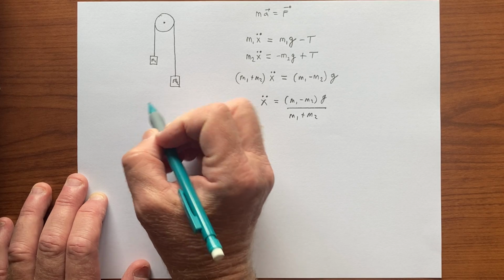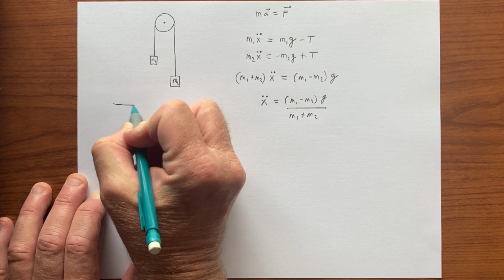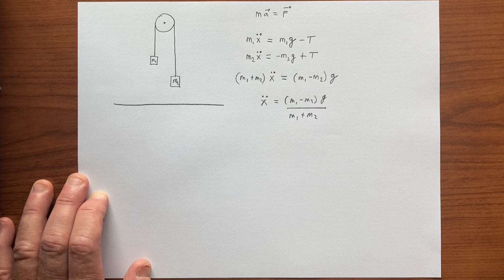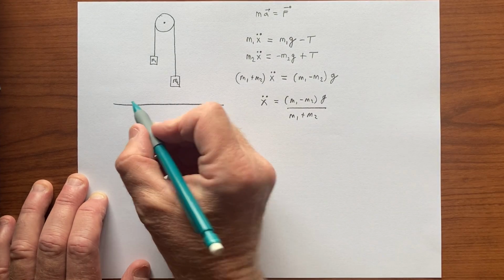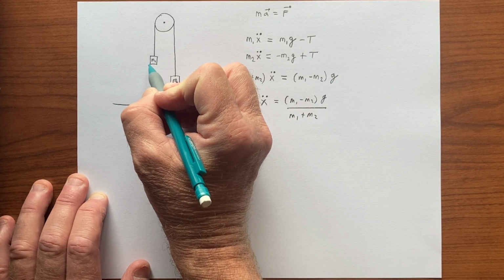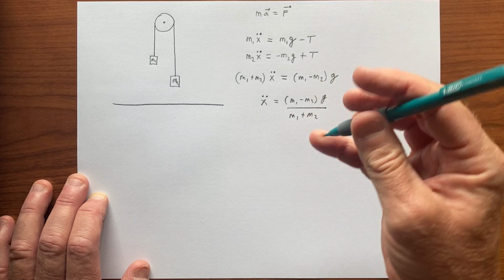So if we do that, we want kinetic and potential energies. Doesn't really matter where we choose our reference point, but let's say we decide that this is our reference point, so we need some way of figuring out the height.